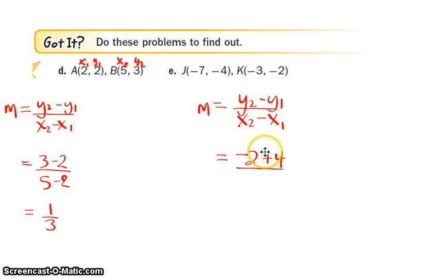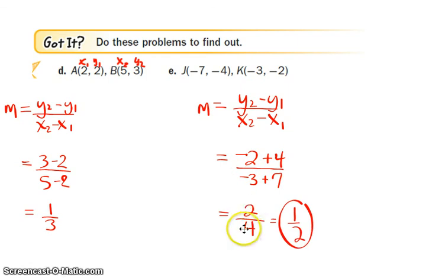Oh, minus a negative 4 is the same thing as plus 4. Again, I don't normally like to write two signs back to back like that, so I'm going to change that to a plus. Okay, but it still means the same thing as minus a negative 4. Our x's, negative 3 minus a negative 7, is negative 3 plus 7. Simplify, and you get 2/4, which reduces to 1/2. Okay, make sure you reduce your fractions.